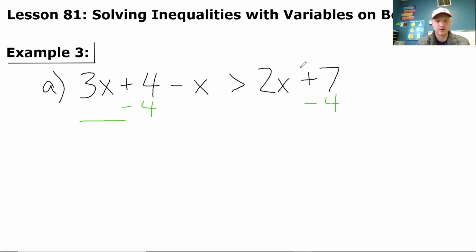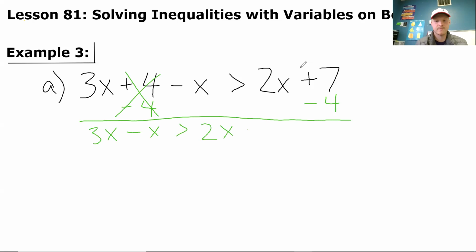So I chose to subtract 4 from both sides. We are left with 3x minus x, so my 4's are gone, is greater than 2x, and then positive 7 minus 4 is going to be positive 3.